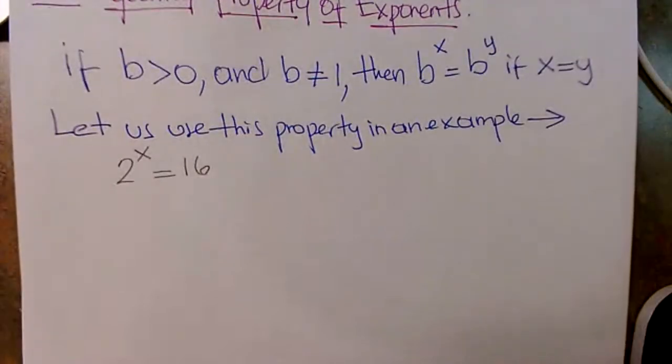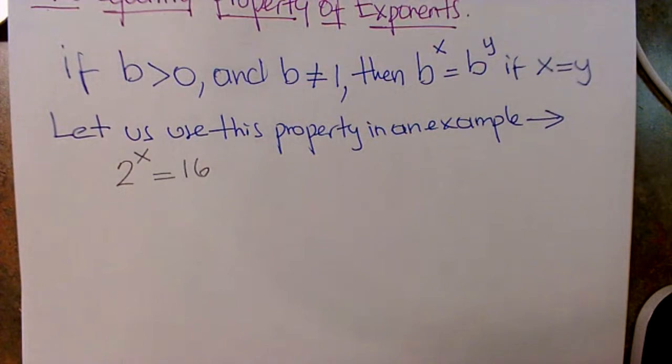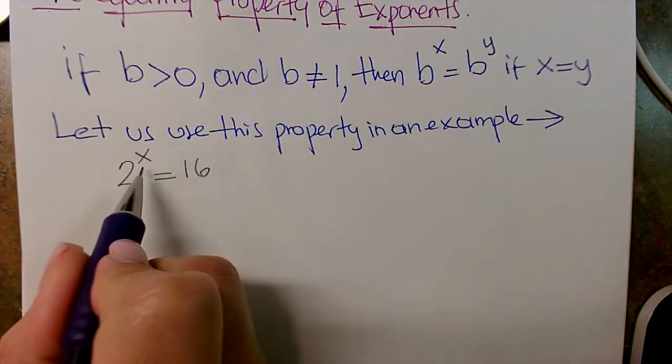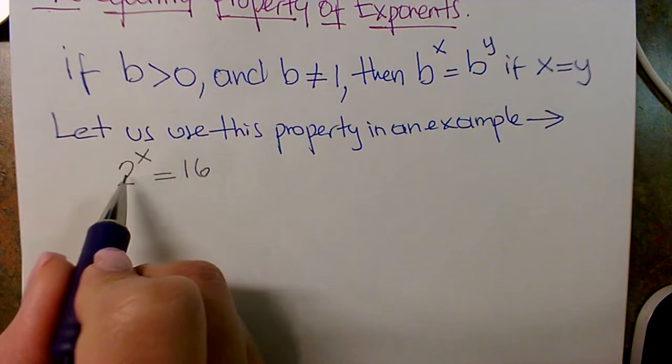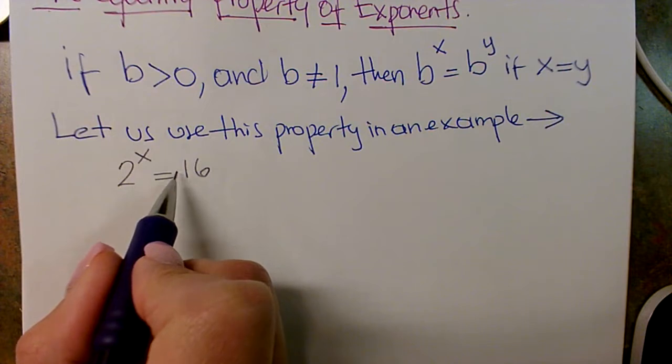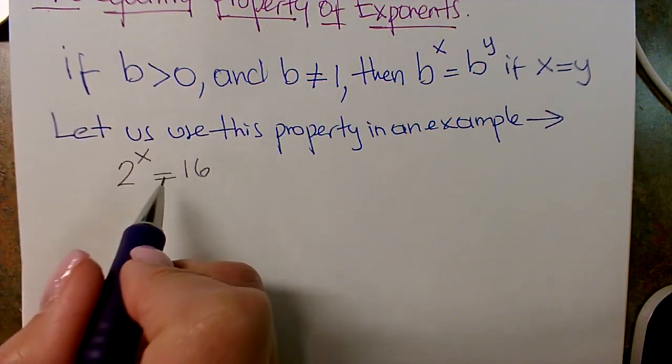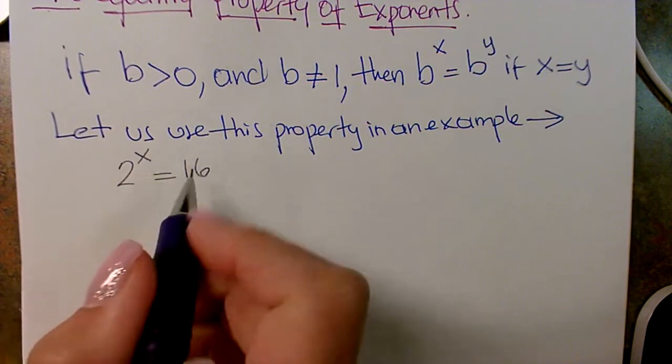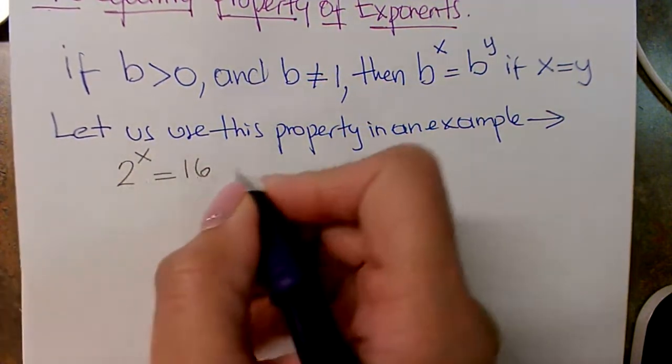Now, just by looking at it, we can see that x needs to be 4, right? Because if I do 2 to the 4th power, I get 16. But we're going to use the property to show that.